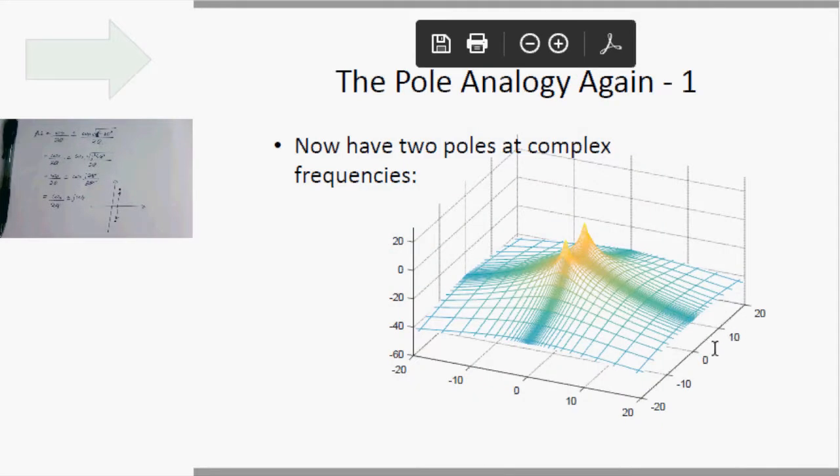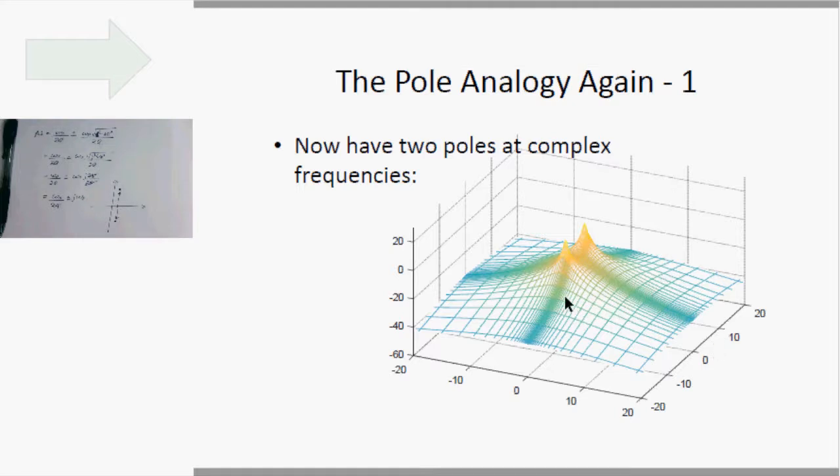And thinking in terms of the tent pole analogy, where I'm looking at the effect of both of the poles, I end up with this type of surface with two poles close to the imaginary axis, but with complex conjugate values.